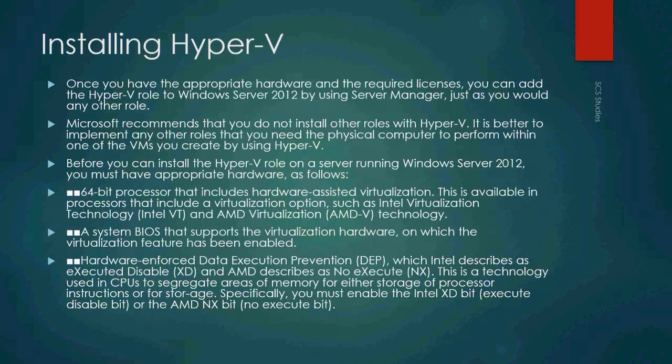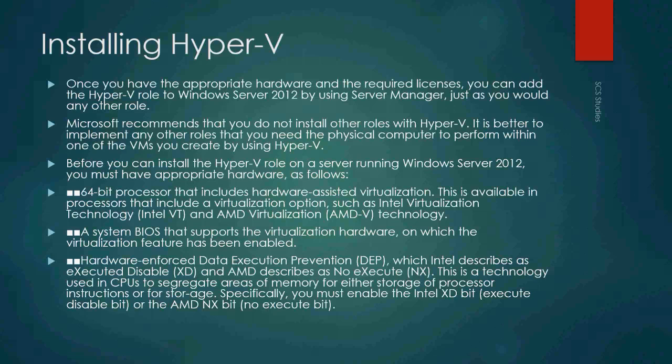Now let's learn about installing Hyper-V. Once you have appropriate hardware and the required license, you can add the Hyper-V role to Windows Server 2012 by using Server Manager, just as you would any other role.